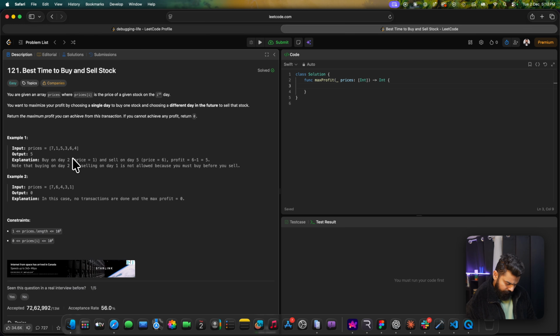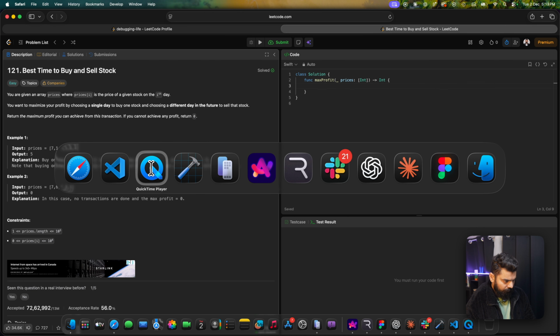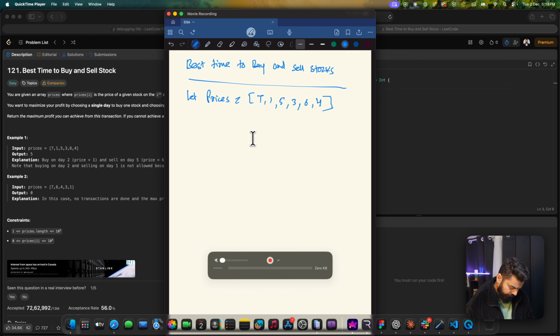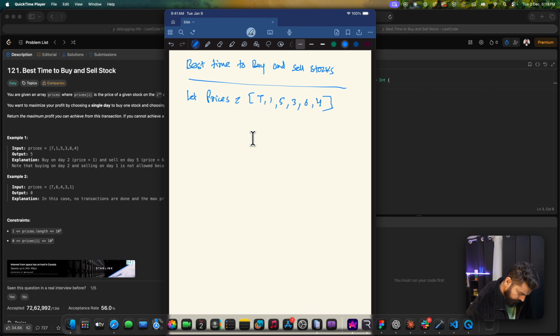So initially what we can do is review this whole array and then accordingly we'll create our calculation. Okay, I have already connected my iPad here as well. So cool, they are saying we need to buy at the minimum value. It means we have to return profit in any way. If we are not getting any profit, we need to return 0.